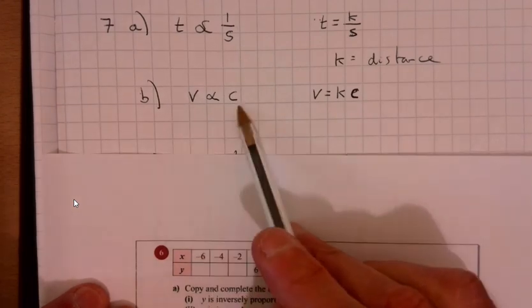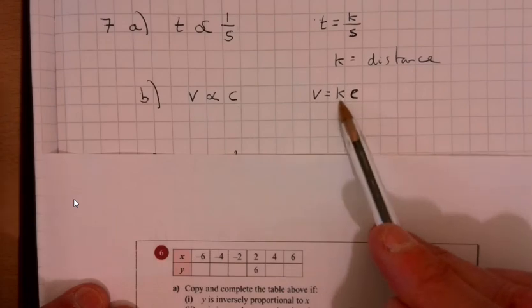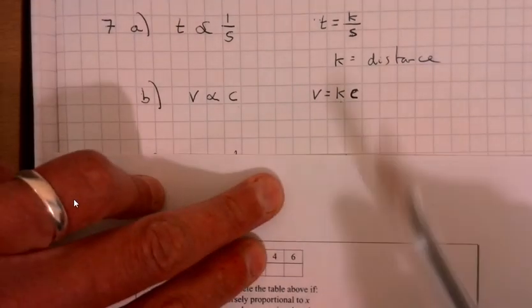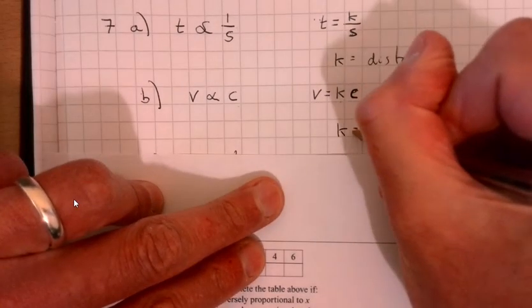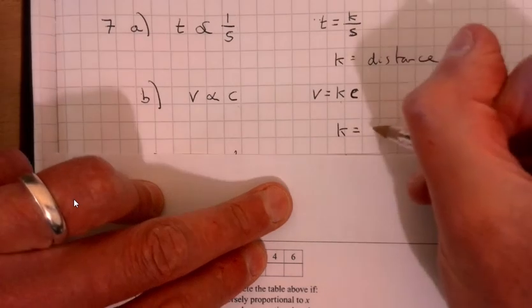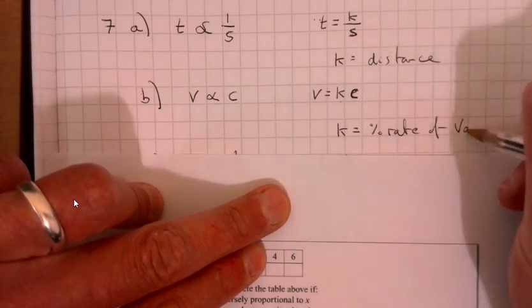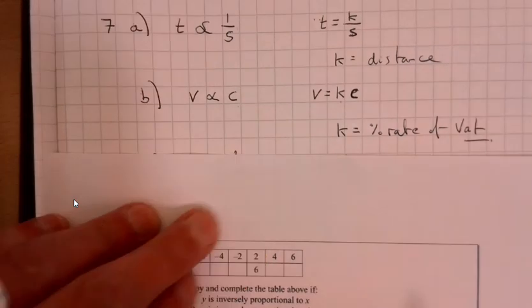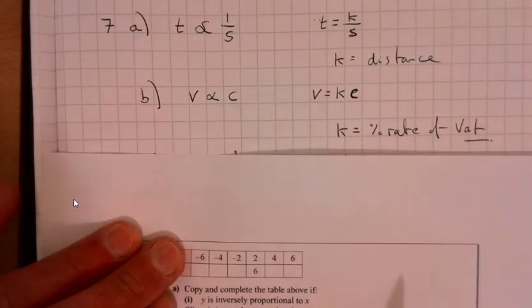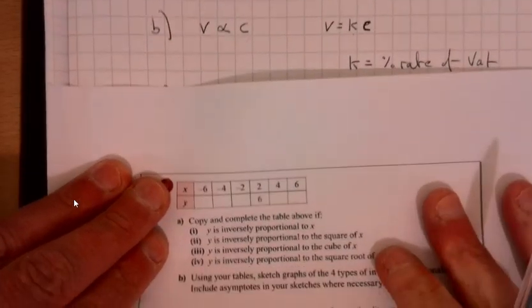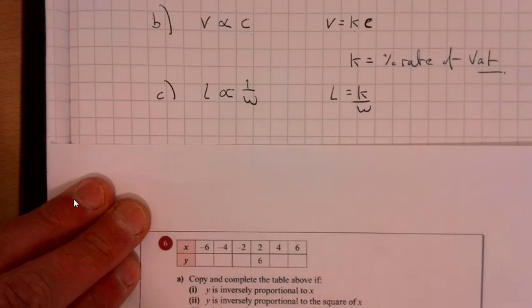So we write that. So what's the K represent here? K here represents the percentage rate of VAT.